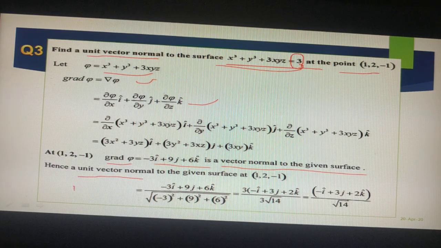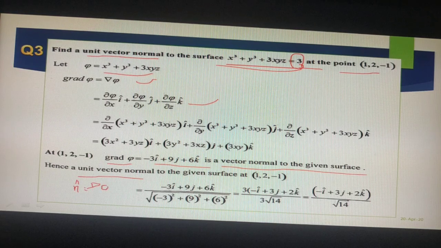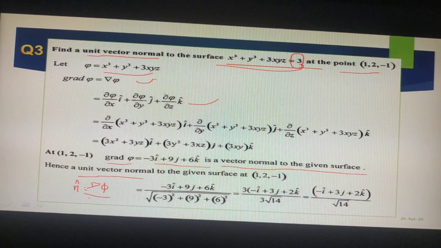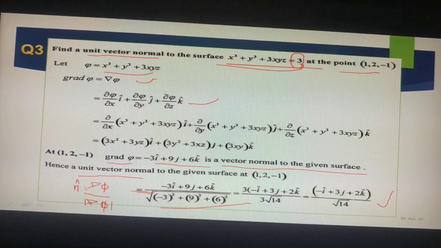What is the formula? n cap is equal to del pi by mod del pi. If you use this formula here, then we will get your unit normal vector.